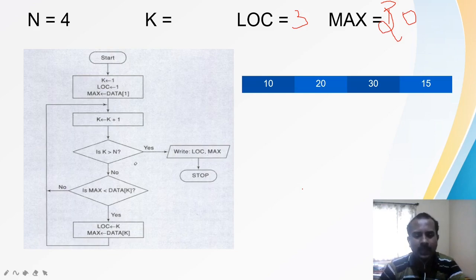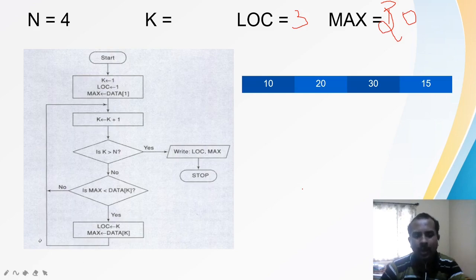If that is not the case, then I am going to check whether max is lesser than data of k. If it is lesser than data of k, then I am going to change the location and maximum element.